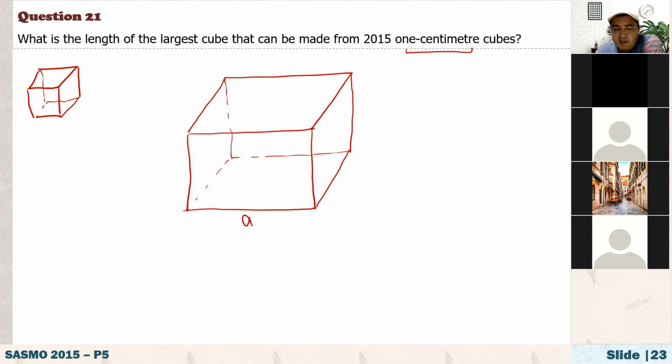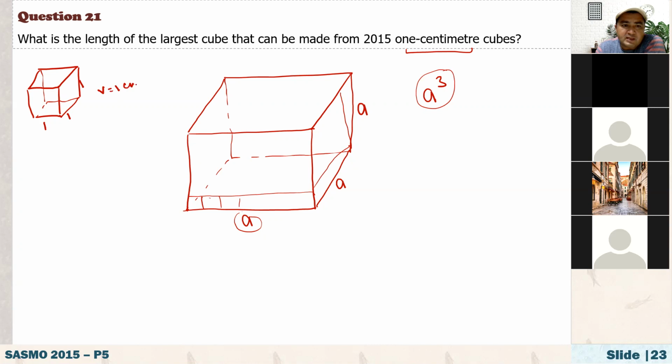If this one is A, this should be equal to A, and also this should be equal to A. So that means here A cubed, right? The number of cubes here is A, because each length is 1, right? 1, 2, 3, A. And also here the same thing, and also the height, the same thing. So that is actually the volume. At the same time, the number of cubes used, because the volume of 1 is 1 centimeter cube.